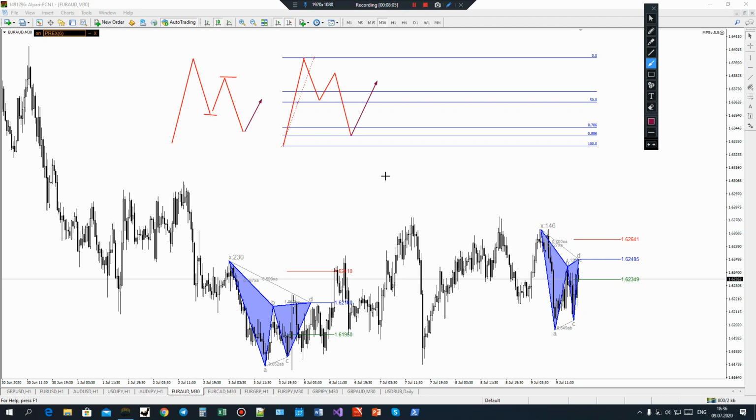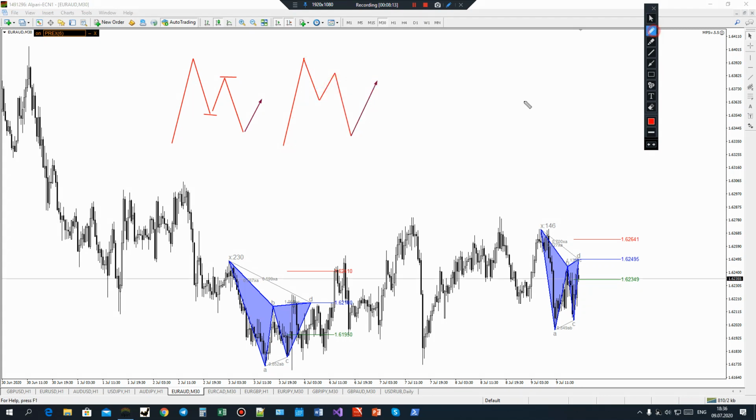Initially it was called a deeper Gartley variation, but then they gave it a name, and the name was BAT. So this was a Gartley, and this is BAT. Okay, be it a BAT pattern.